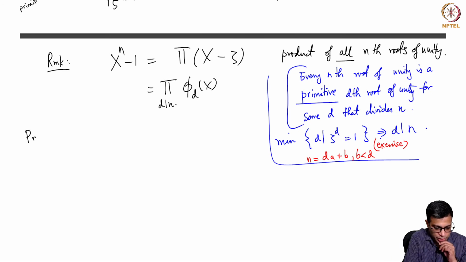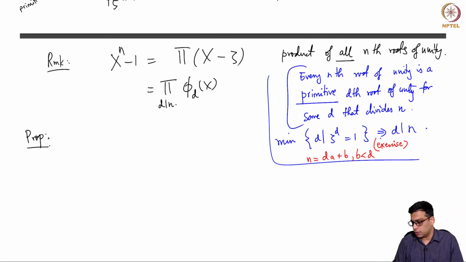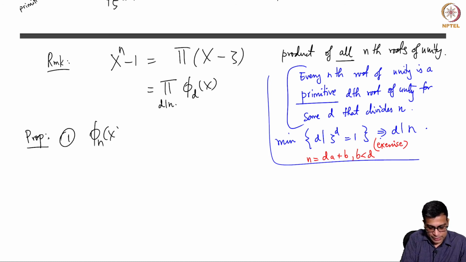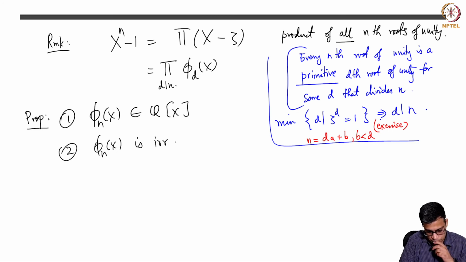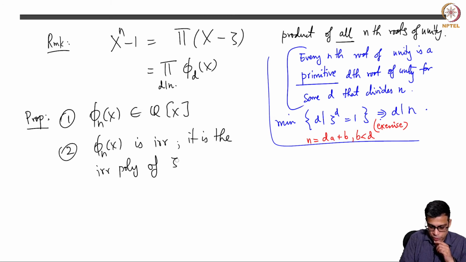So, a simple proposition; let me quickly do this proposition and we'll stop. We are making some statements here. One: phi n x is a rational polynomial, in fact an integer polynomial. Two: phi n x is irreducible. It is the irreducible polynomial of a primitive nth root of unity.